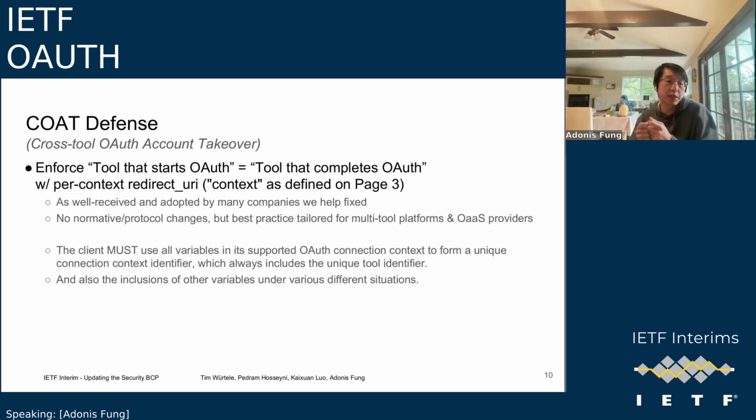We call this the unique connection context ID in the draft. Let's say in the case of OAuth as a service, then maybe you have to even incorporate the tenant ID as part of this context in the redirect URI.